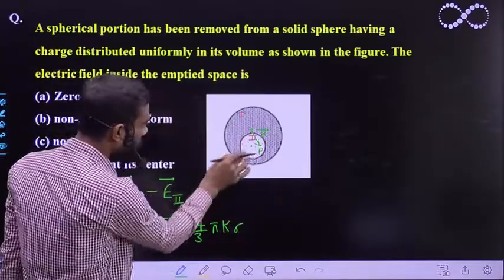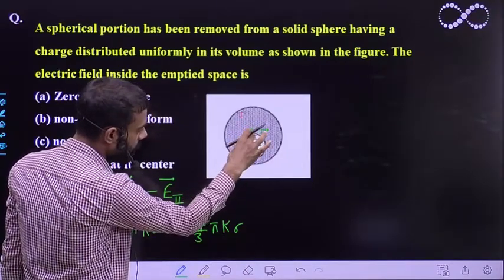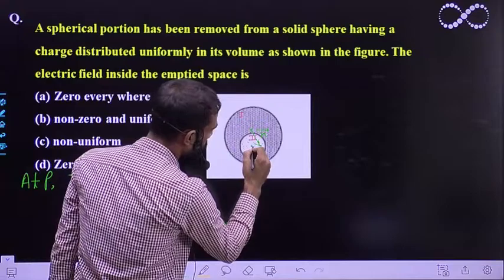Let us take the position vector of point P with respect to the center of this smaller cavity. Let us take this smaller one as y vector.